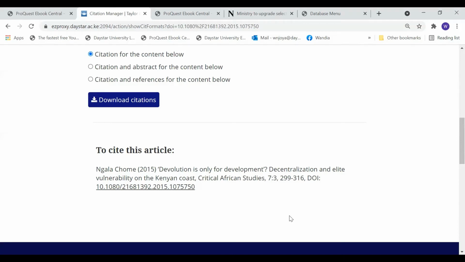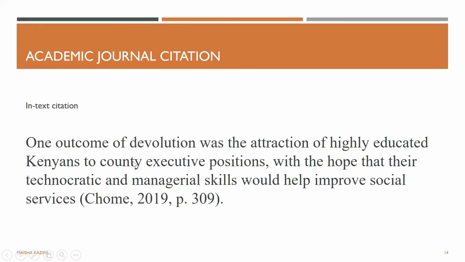So let's go now to the citation in my essay. Here is my in-text citation. In this case, I have not directly quoted the words used by Dr. Chome himself. I am summarizing what he has said, which is specific to the point I want to make.